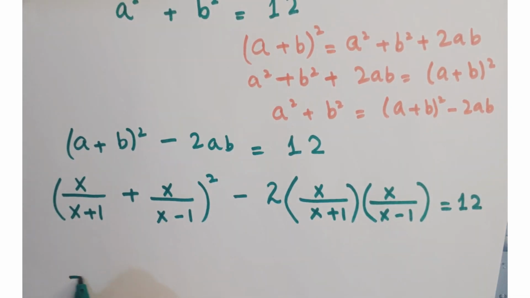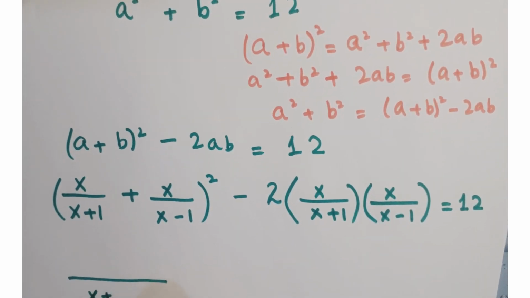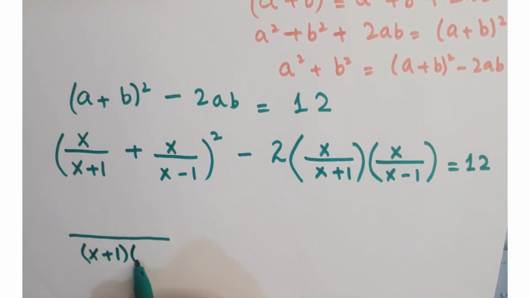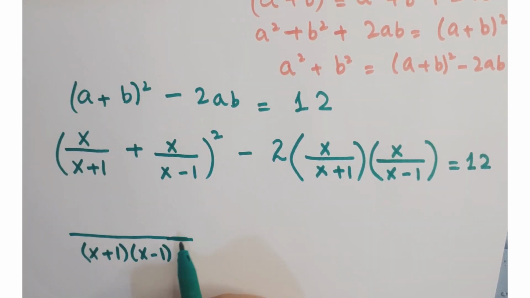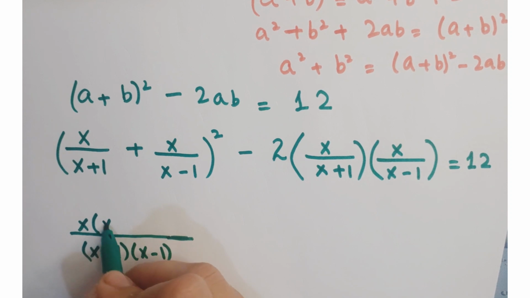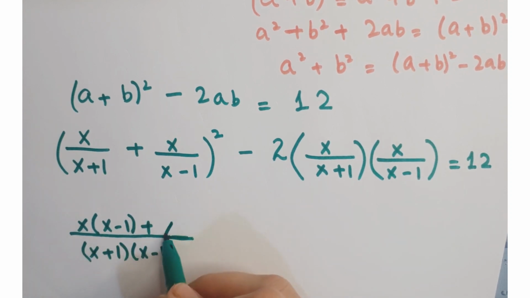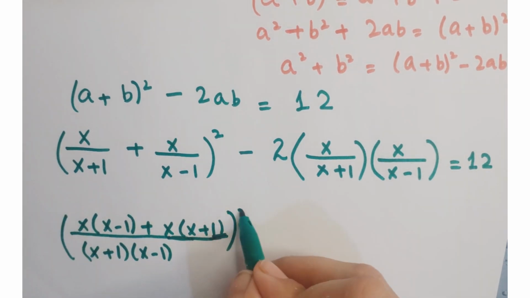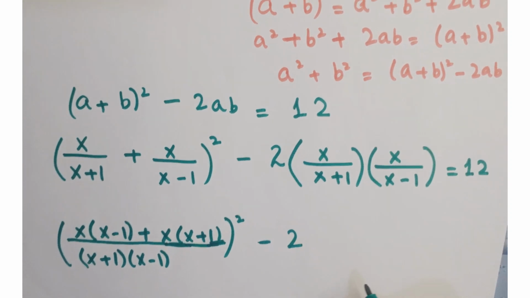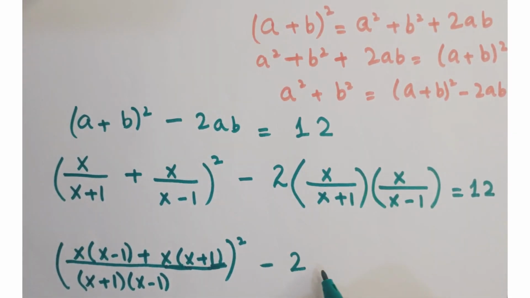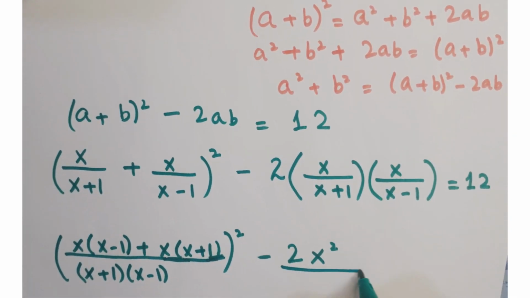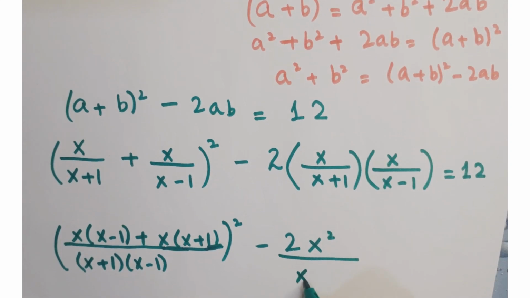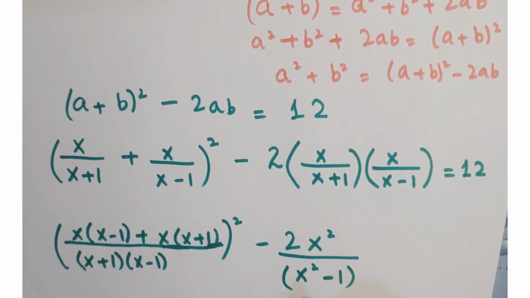Now taking the LCM of these two terms, we get (x+1)(x-1) in the denominator. Here we get (x(x-1) + x(x+1))² over it, minus 2. Here x into x makes x², and in the denominator you get x² - 1 = 12.